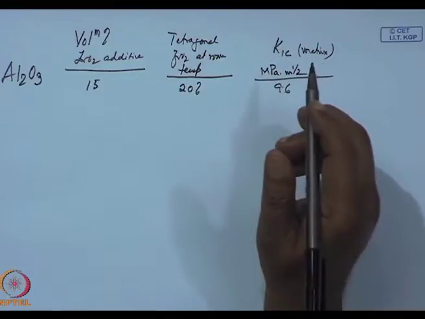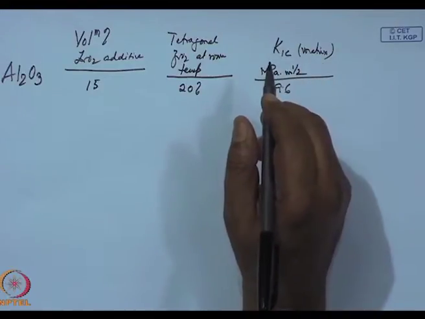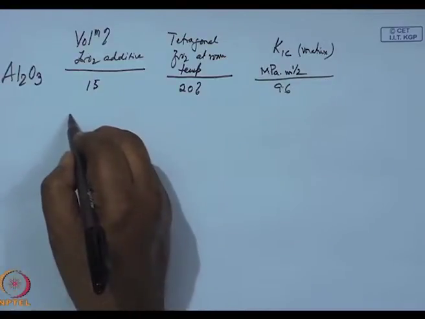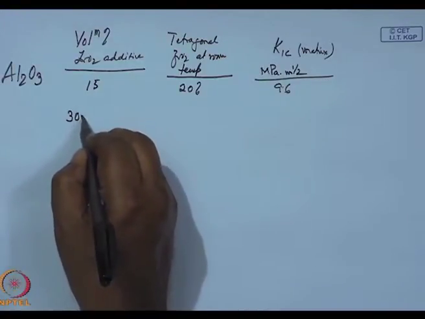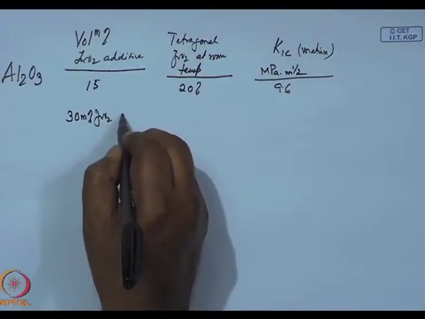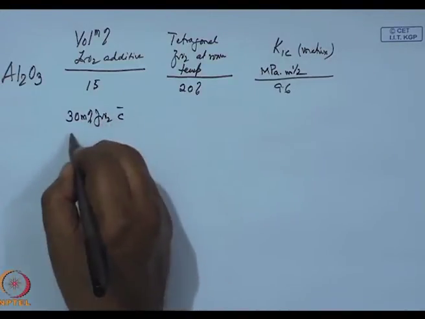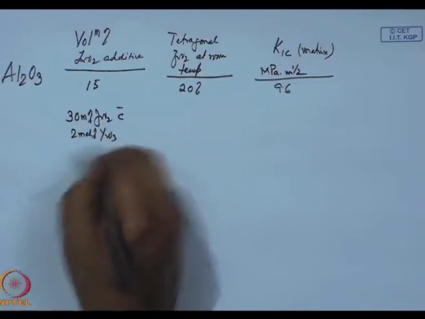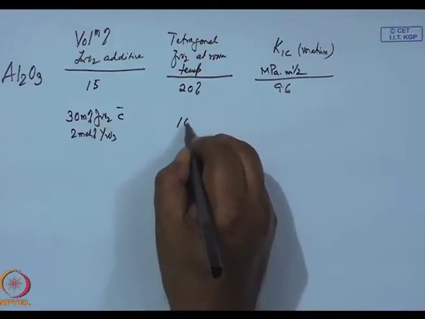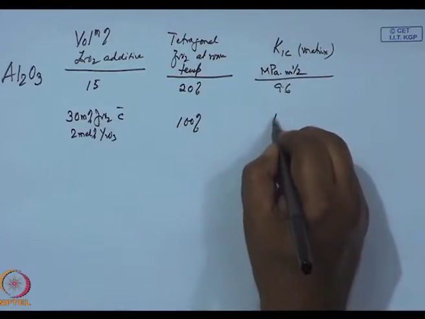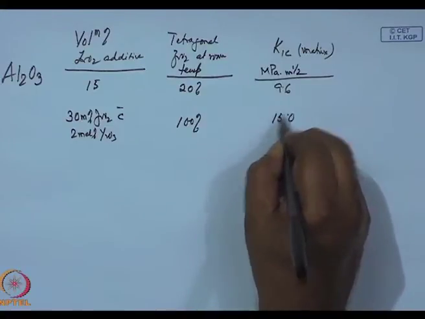In alumina, there have been reports of, let us say, 30 mole percent zirconia containing 2 mole percent yttria. Tetragonal zirconia is 100% and the fracture toughness is very high.